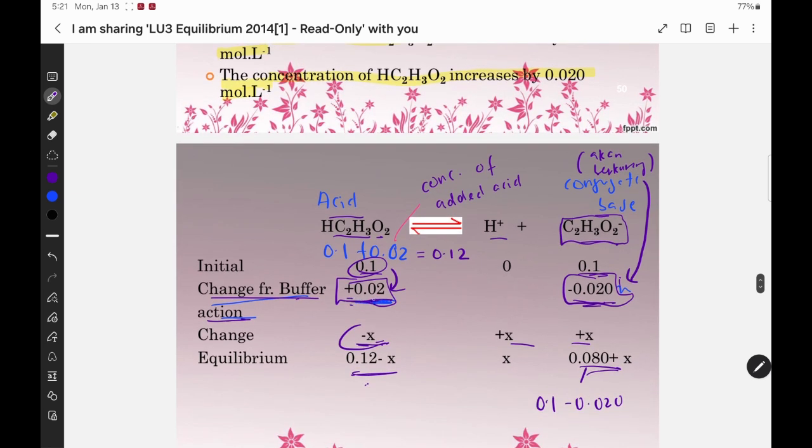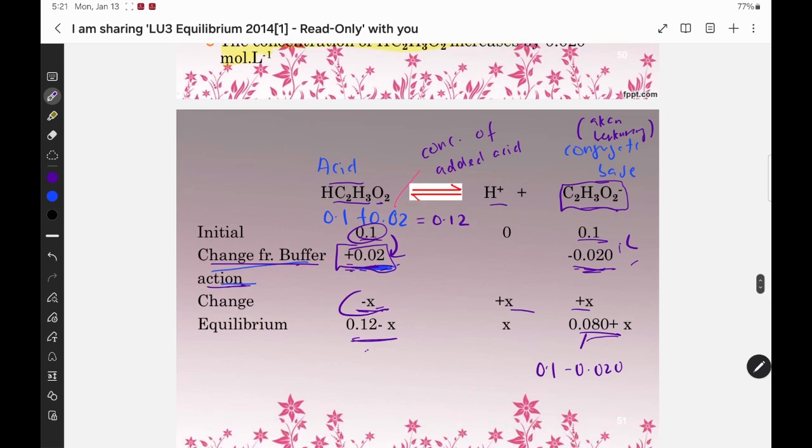That is why here we plus 0.02, and as for the conjugate base, we minus it, because the conjugate base will be less as the acid is increasing. And after that, for change, like usual, the reactant, because it is consumed, will be less, and as for products, it will be increased, so it is plus x.